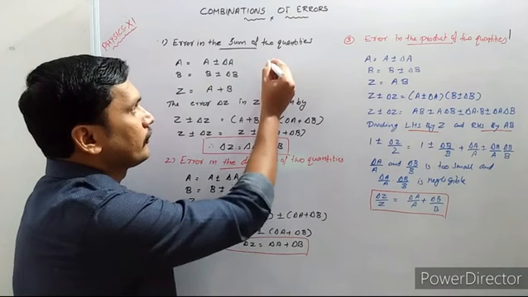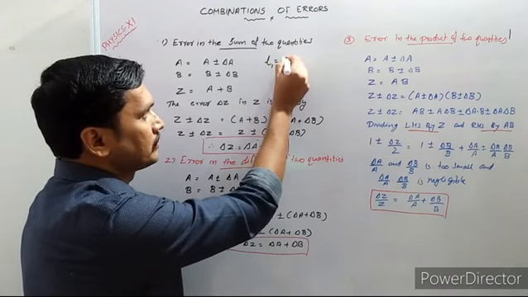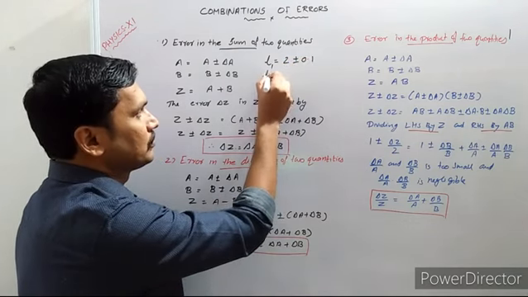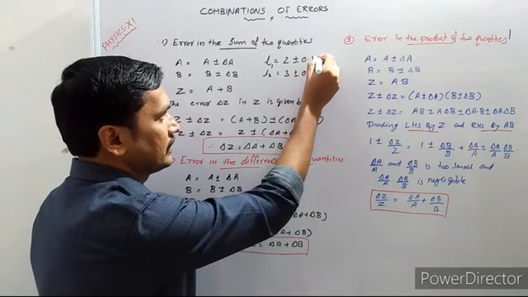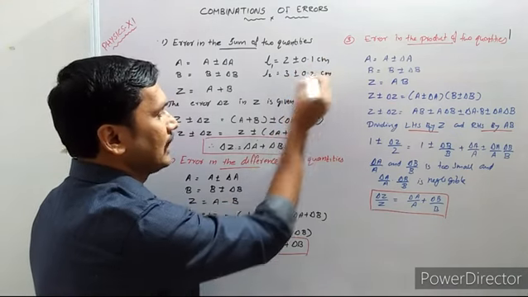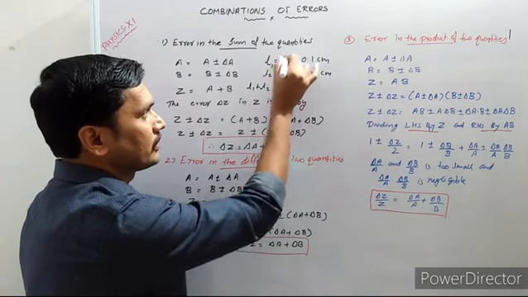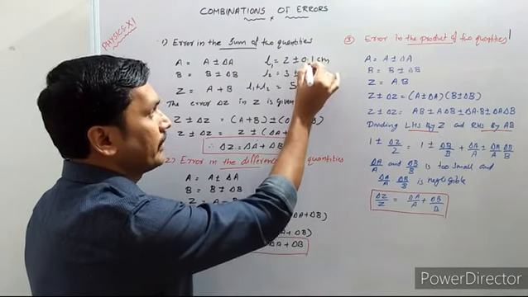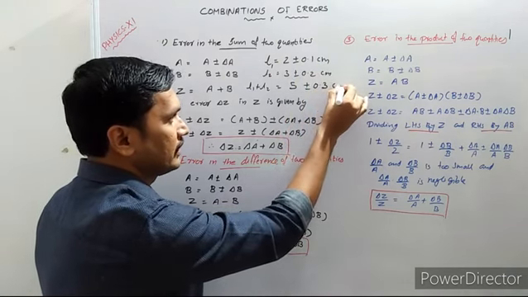For example, if you are measuring two lengths, L1 is equal to 2 plus or minus 0.1 and L2 is equal to 3 plus or minus 0.2 centimeter. What is L1 plus L2? L1 plus L2 is equal to first 3 plus 2, that is equal to 5, plus or minus 0.1 plus 0.2, that is 0.3 centimeter.